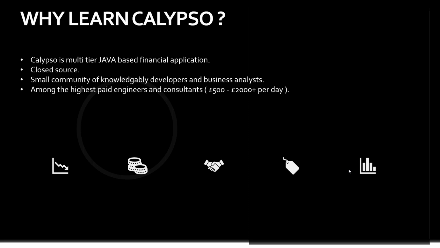If you just say, I want to make money, that's why I want to learn Calypso, you'll never become a good Calypso developer, or even a good software engineer in the first place. You've got to do it because you love it. You love learning about technology. You love learning about the financial sector and understanding the system. And the money will follow. You will make a good, decent income from this as a contractor or consultant.